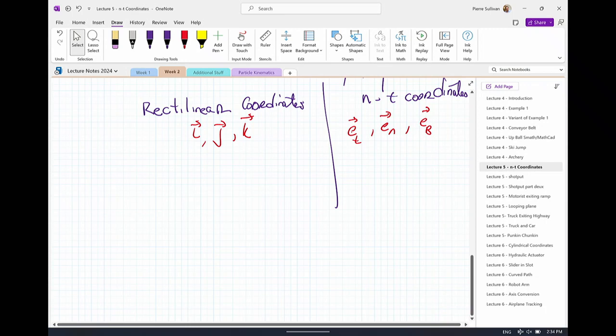I have my coordinate system here. I'm going to actually write this in the next steps only in 2 dimensions for the nt coordinates because, again, not really exciting in 3 dimensions.